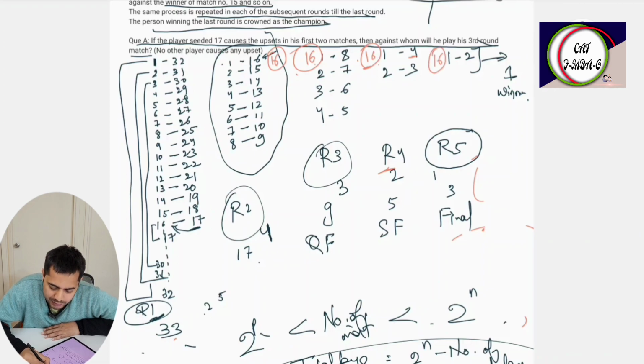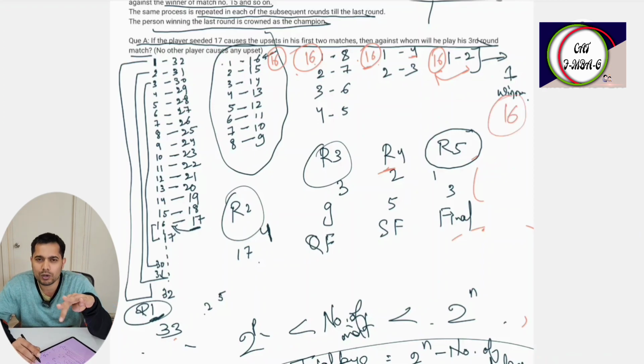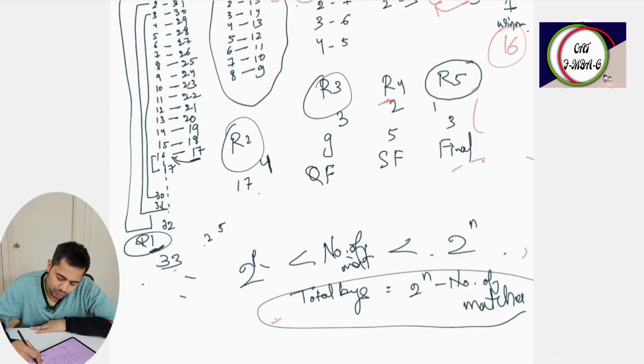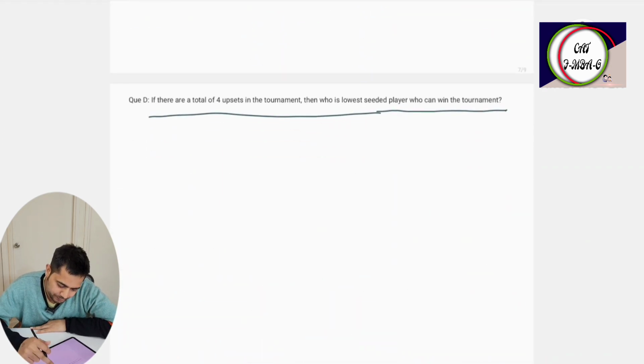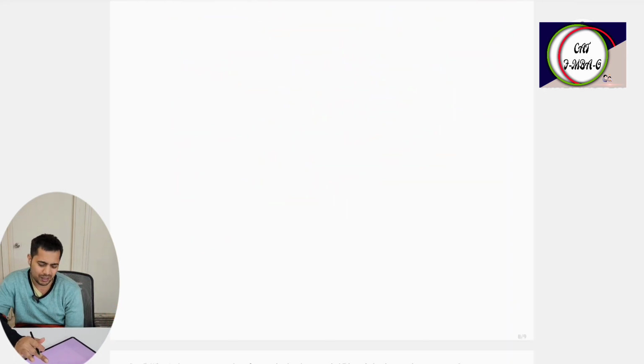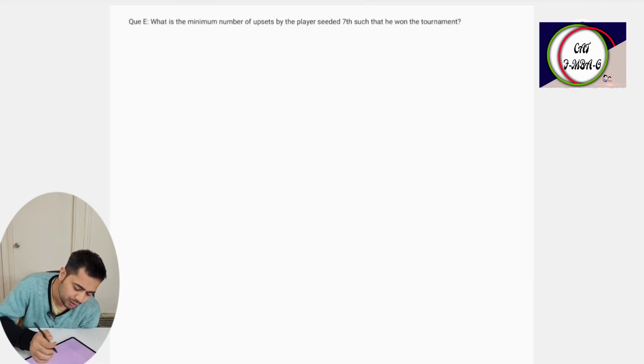And finally 16 will defeat 2 and 16 will be the winner. So the lowest seeded player with only 4 upsets who can win the tournament is 16. So 16 is the right answer. These kinds of questions are generally asked. Okay, another question is there.